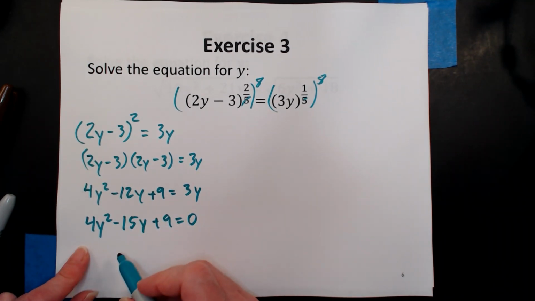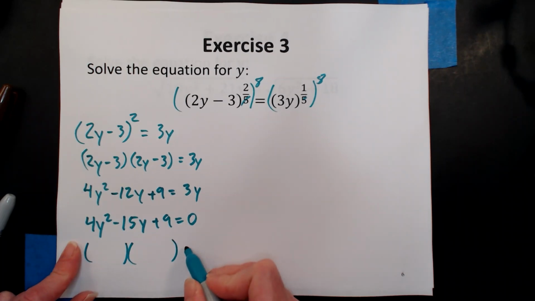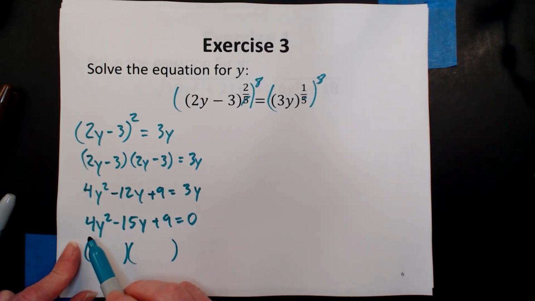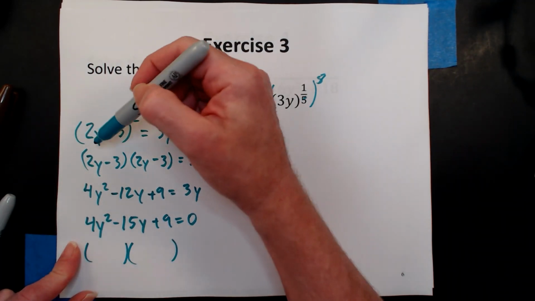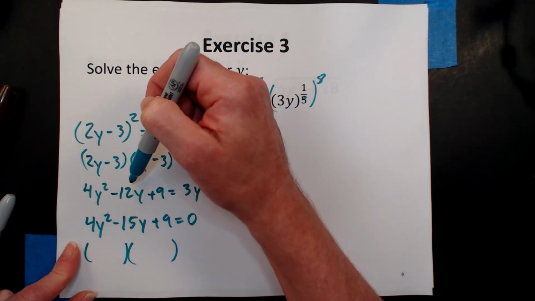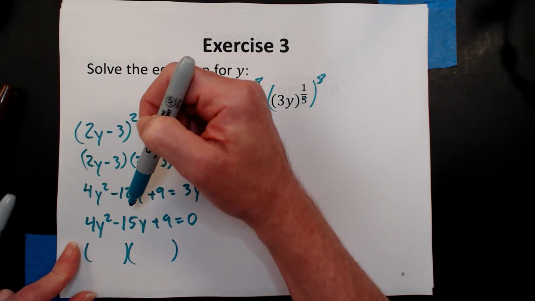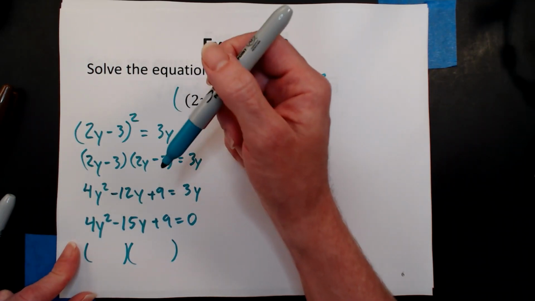So now we see if this factors. So I need factors of 9 and 4 whose sum is negative 15. So I already know that 2 and 3 are not going to be the pairs I want to use because I got that, and that was negative 12y in the middle to begin with. So if we change the middle term, if it still factors, I'm going to have to go with something else.